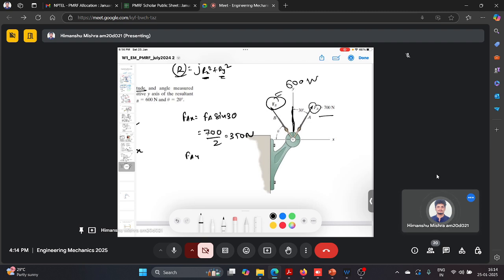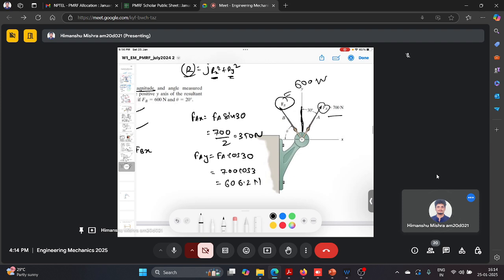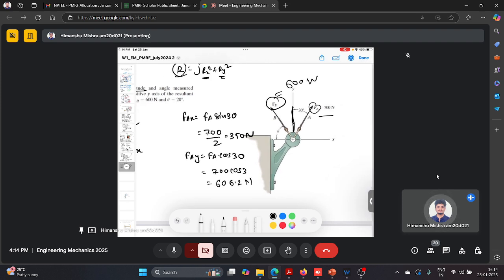And my Fay will be Fa cos 30, which is 606.2 Newton, right? And you can also define the components of force Fb.